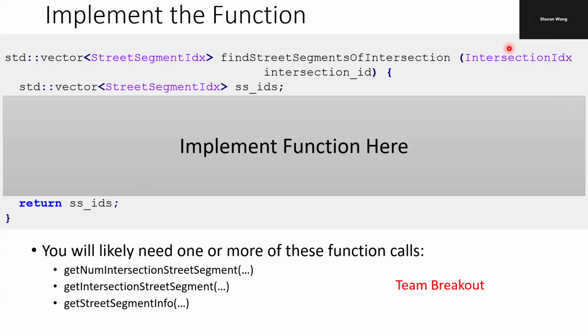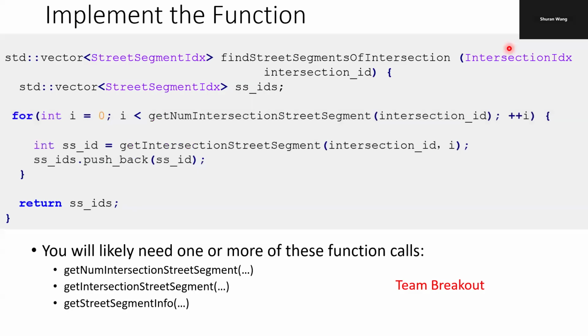You use a for loop, and the number of iterations in the for loop is the get num intersection street segments of the intersection ID. And then you use get intersection street segment to get each of the street segment indices. Is this clear enough? And then you just directly push back the street segment ID.